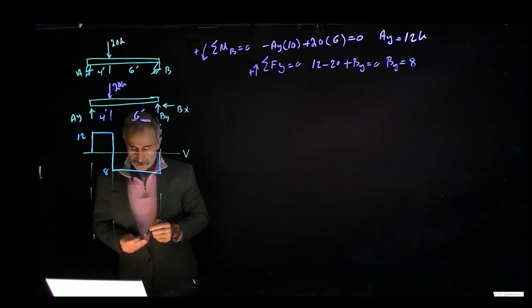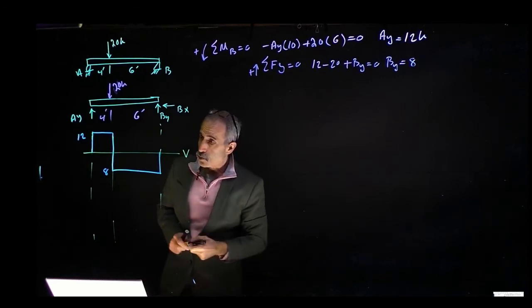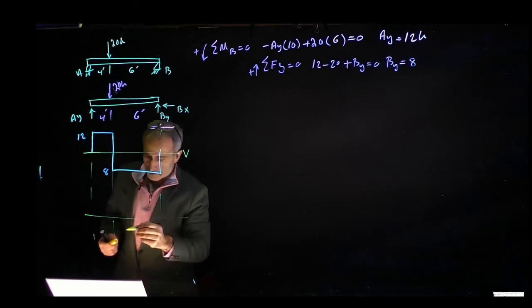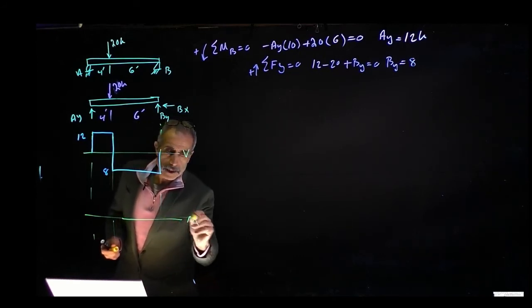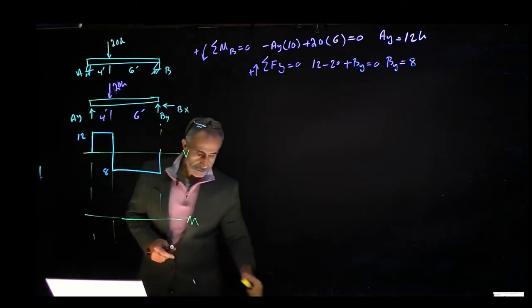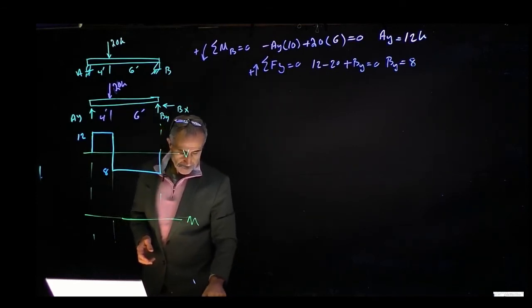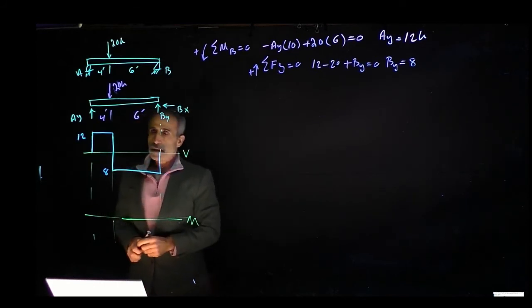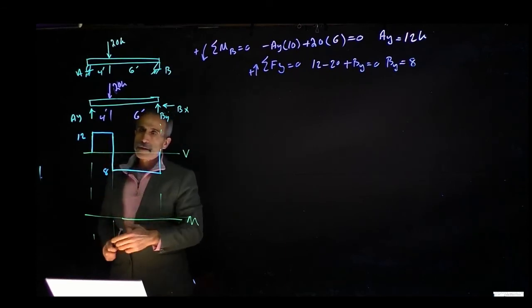And graphically, how do we do that? Do the moment diagram. It's going to be linear. This is constant. That's going to be linear. It's going to be a step higher.